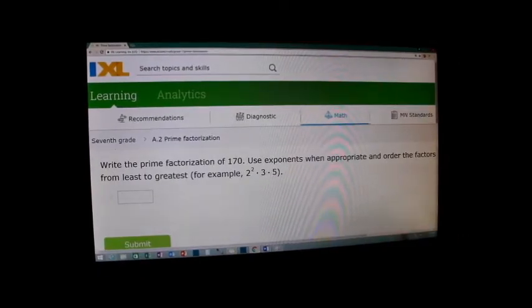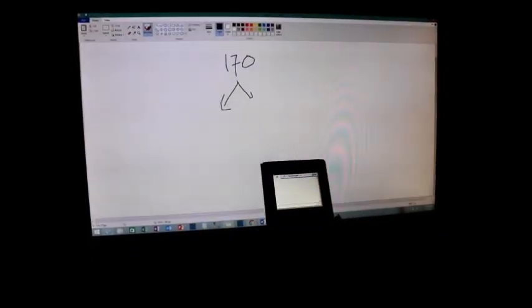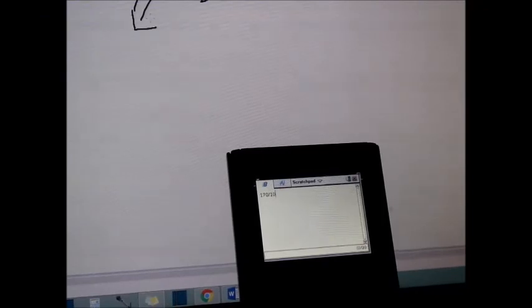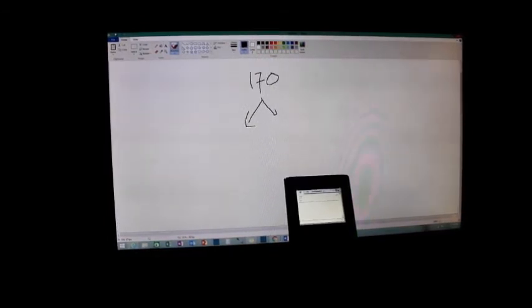Write the prime factorization of 170. The number is 170. What two numbers can be multiplied together to equal 170? 170 divided by 10 equals 17. So 10 times 17 equals 170.